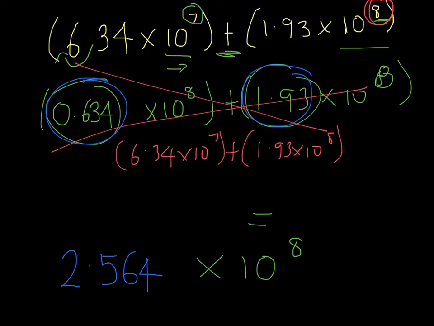If we make this power here smaller, we're making the number smaller. So in this case, we need to do the opposite as we did before. We need to make this one bigger. So it's going to end up as 19.3. Now that the powers are the same, we can go and add them together.